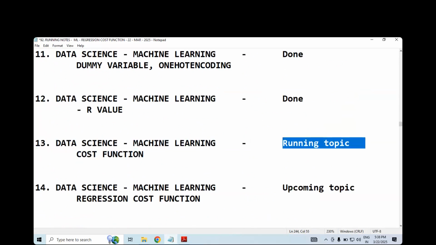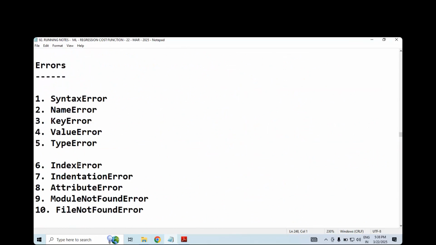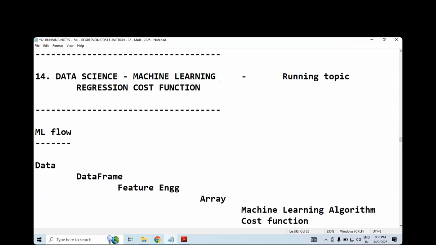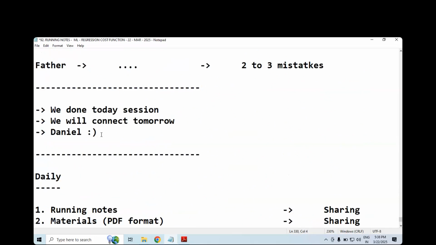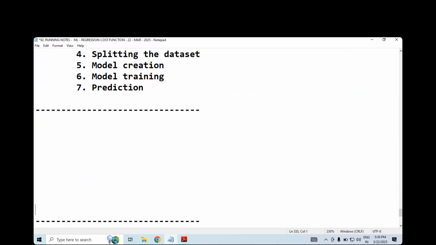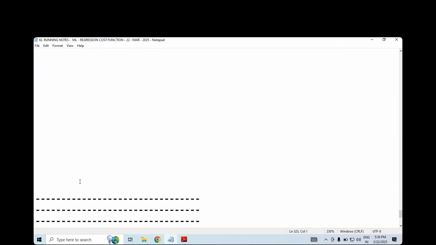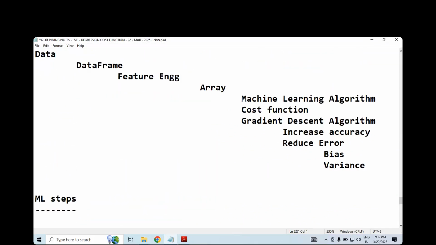Even this one also we did. This one is the running topic.